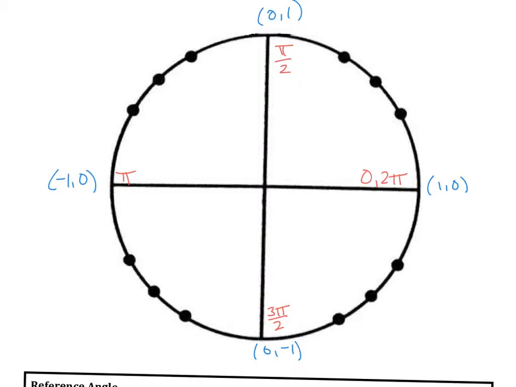The next thing we did was the pi over 4s, and those are midway. So there's my pi over 4. Remember, pi over 2 was yet another pi over 4. So then I come to 3 pi over 4, 4 pi over 4, 5 pi over 4, and 7 pi over 4.